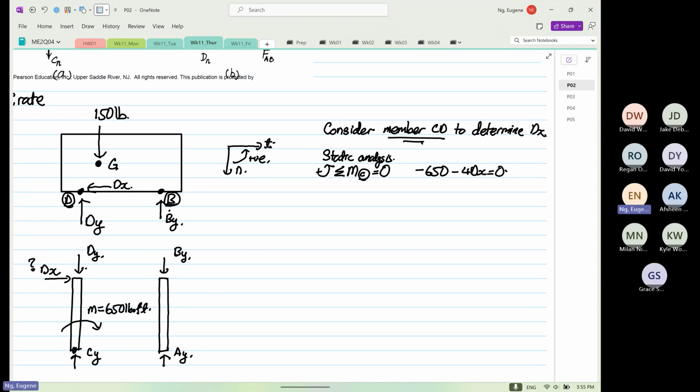So from here, Dx will be equal to minus 650 divided by 4, which is equal to minus 162.5 pounds. Negative means our assumed direction is what?